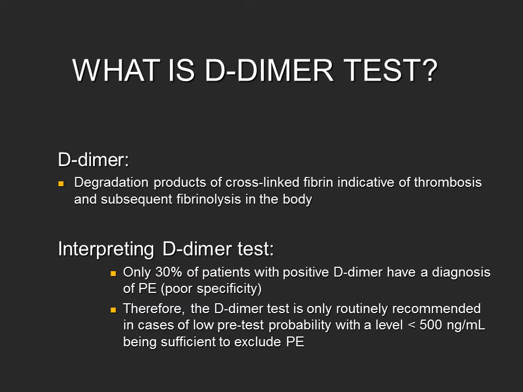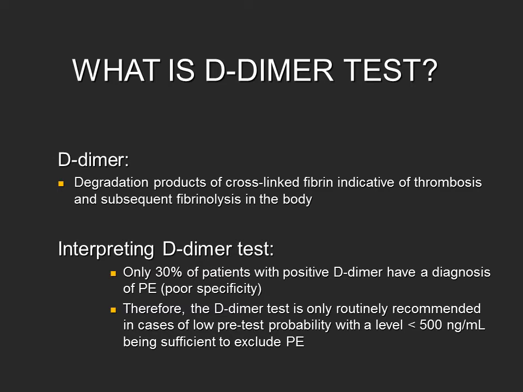So what is the D-dimer test? D-dimers are degradation products of cross-linked fibrin and are indicative of thrombosis and subsequent fibrinolysis in the body. Only 30% of patients with a positive D-dimer have a diagnosis of PE, as other disorders including MI, stroke, CHF, infection, and trauma can all cause elevated plasma levels of D-dimer.